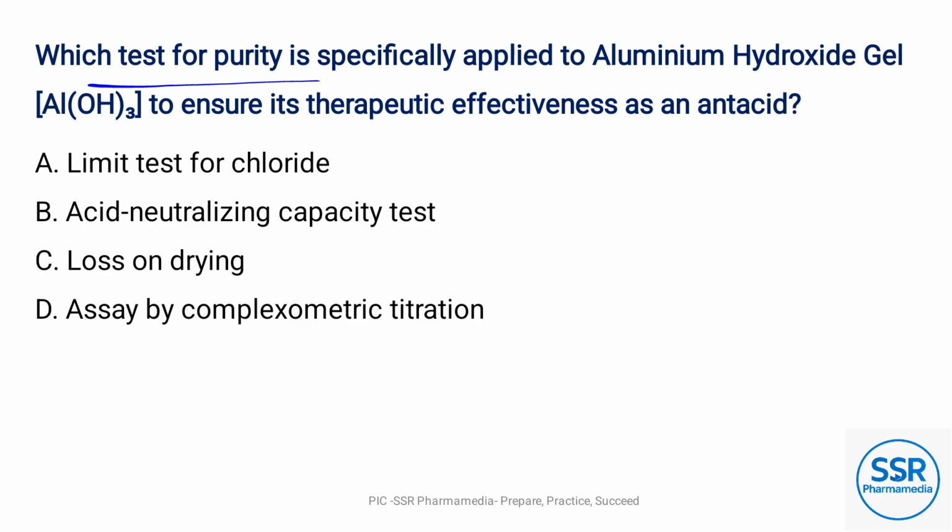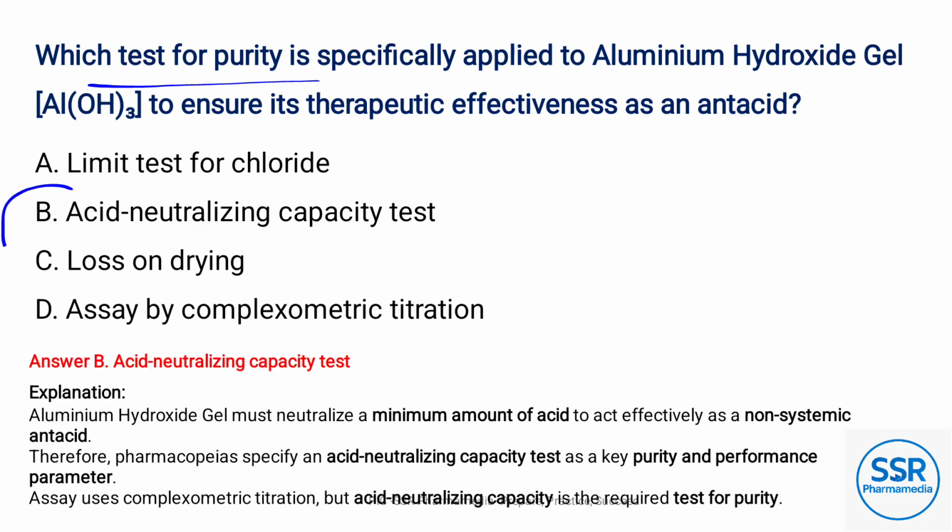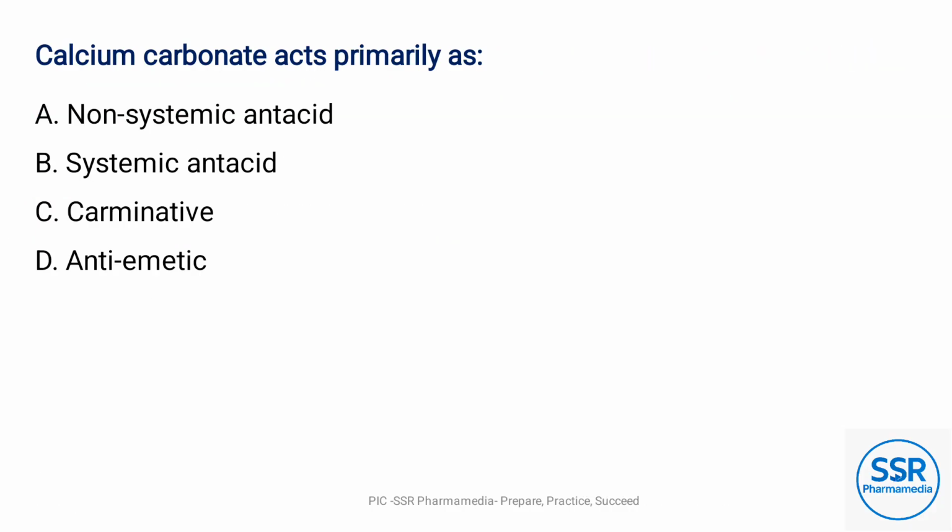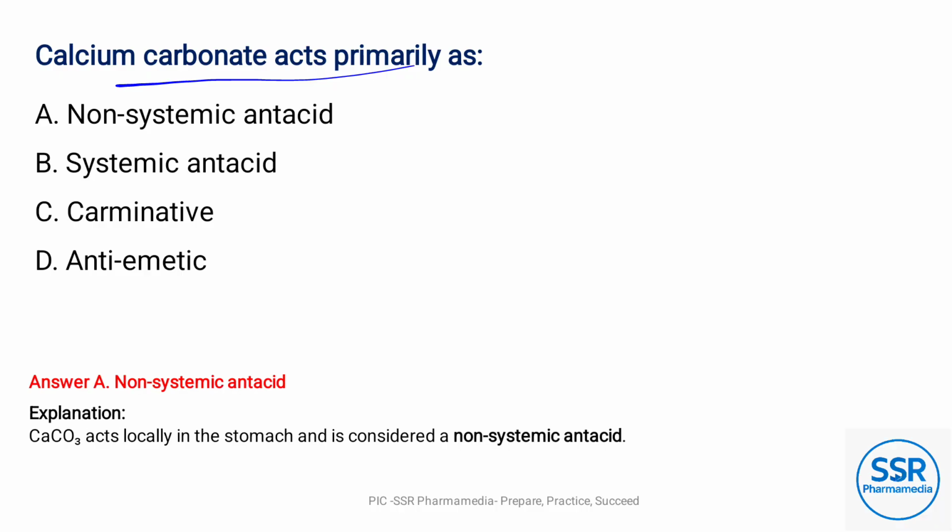Which test for purity is specifically applied to aluminum hydroxide gel to ensure its therapeutic effectiveness as an antacid? Option B, antacid acid neutralizing capacity test. The test procedures and parameters are explained, so you read them. Calcium carbonate acts primarily as option A, a non-systemic antacid. It is not a systemic antacid.